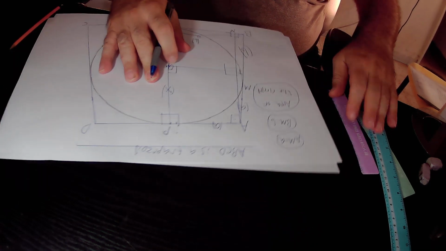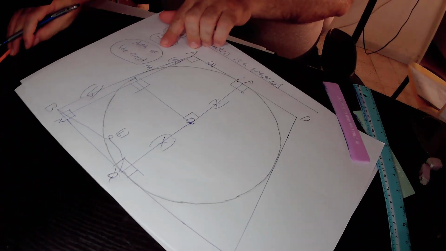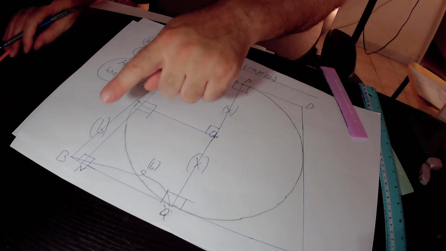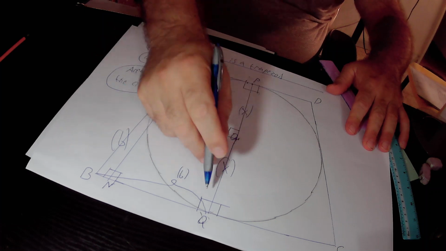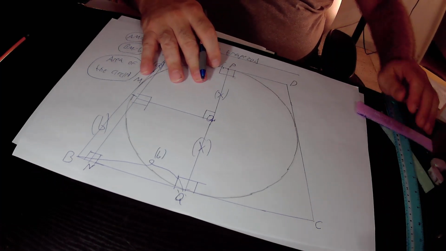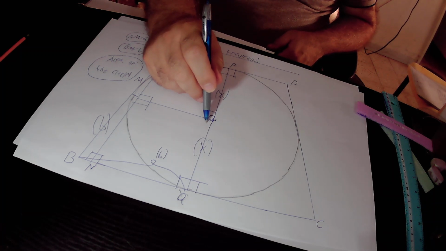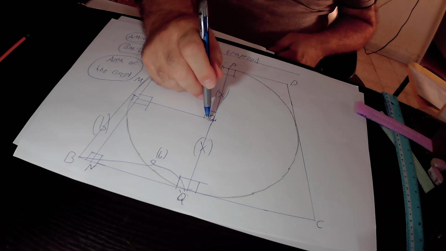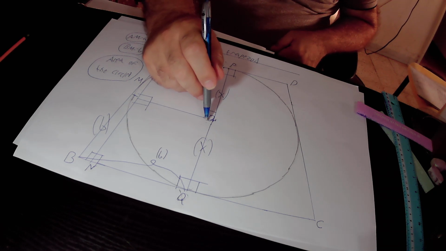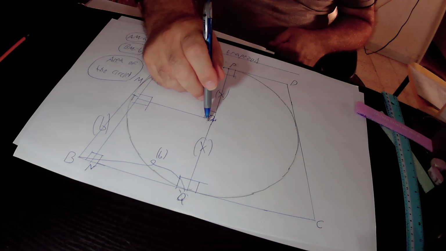Likewise, inside this lower quadrilateral TOQN, we have 1, 2, 3 right angles. The sum of 3 right angles is 270 degrees. So 270 degrees plus the size of this fourth angle, in total it must be equal to 360 degrees, according to the rule that says that the sum of the angles in any quadrilateral is equal to 360 degrees.